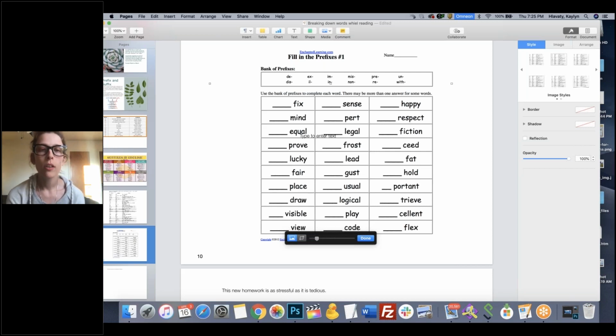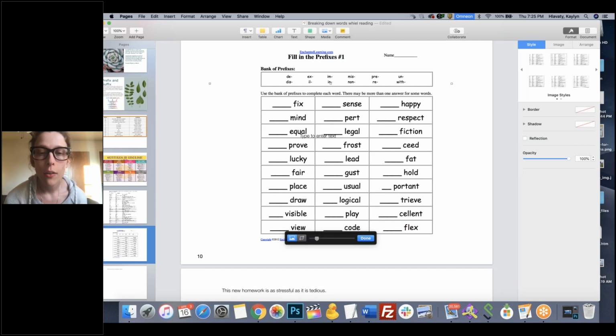Based on what we learned, we can eliminate a couple of these. The first one that's sticking out to me that would work would be prefix, as in prefixes.